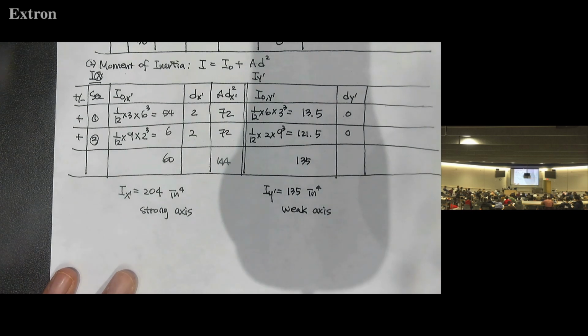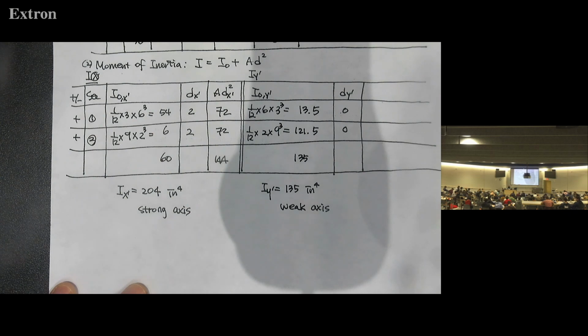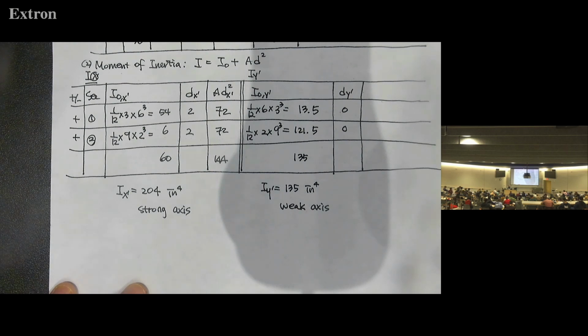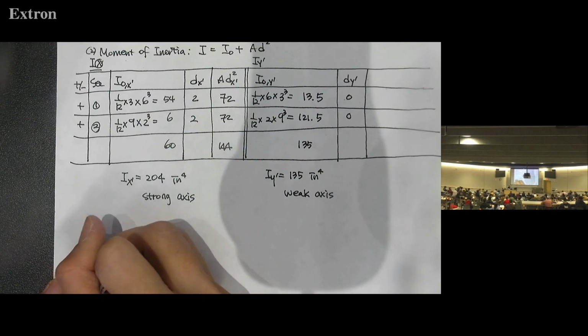For the rectangular shape, it doesn't change much, but if it is thinner, then it will change much. But for the Y section or some channel sections, Iy and Ix are totally different. So there is so much difference between strong and weak axis.